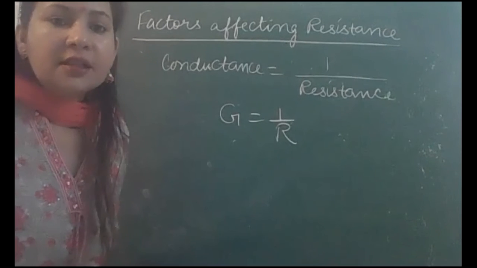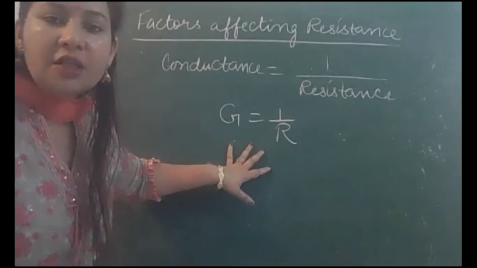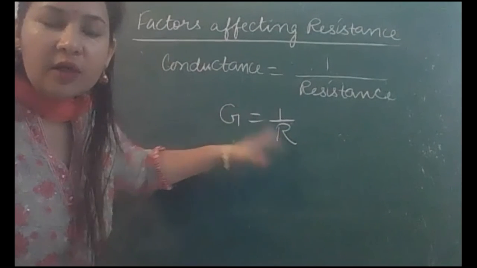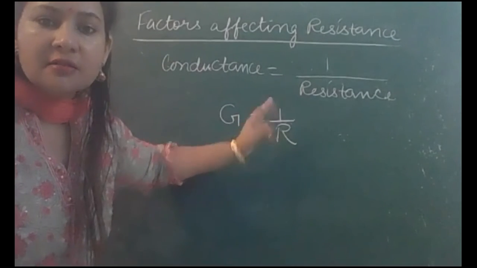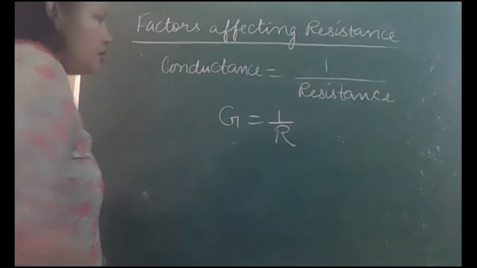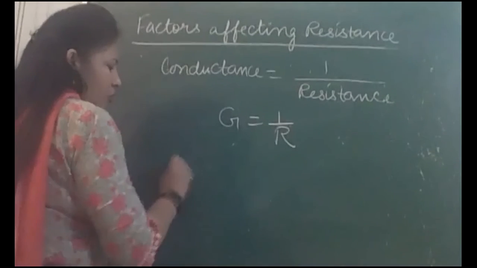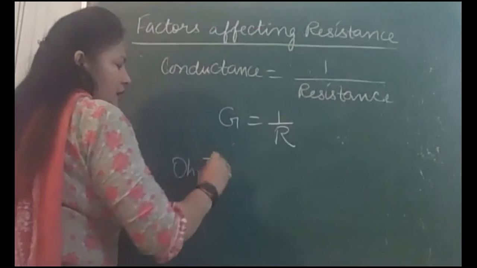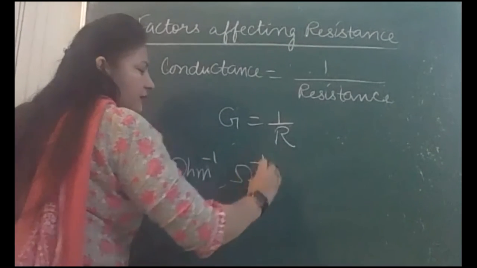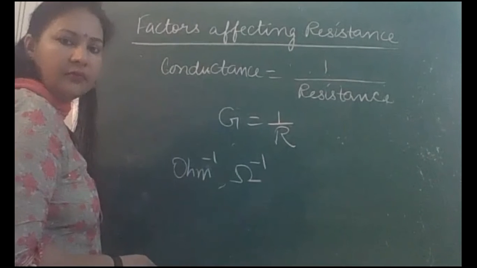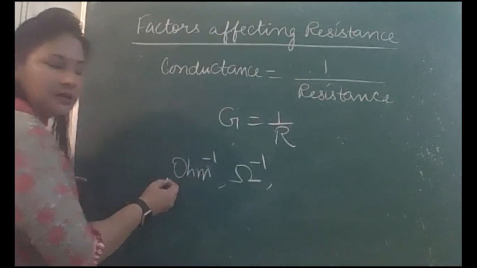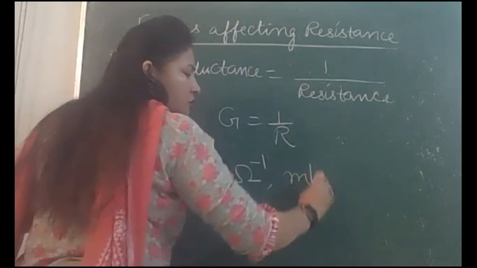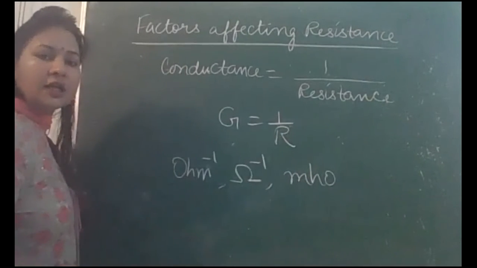Fine. Same way, can you write the unit of conductance? 1 over the unit of resistance, that is ohm. So the unit will become ohm inverse. We can also write the letters in reverse: mho. So mho is also the unit of conductance.